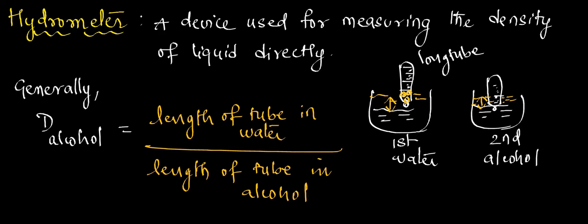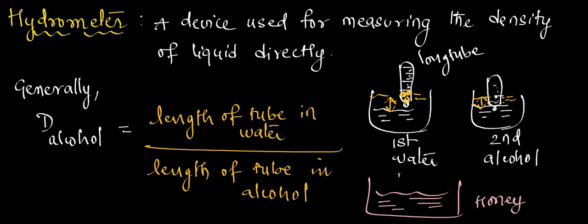And now how it will work is, you just take any liquid. I'm just taking, let it be honey. Now hydrometer is ready. When you dip it into the liquid, this hydrometer directly will give you the reading.